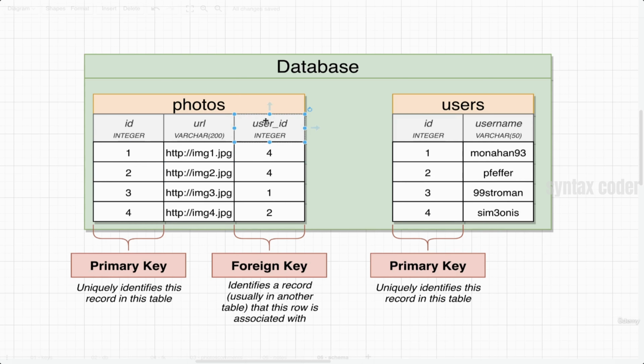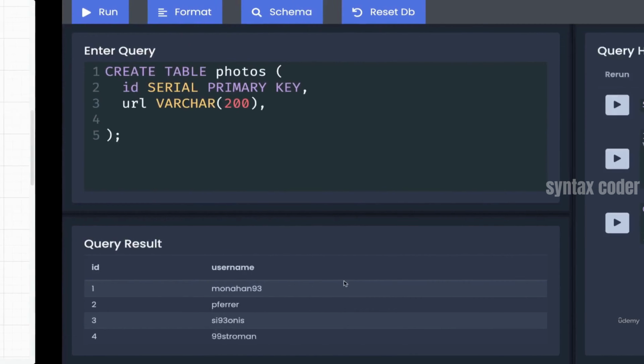So we're going to create user ID, we're going to mark it as integer, and then we're going to add on one additional little piece of syntax when we create this column, and that additional little piece is what's going to turn this column into a foreign key column.